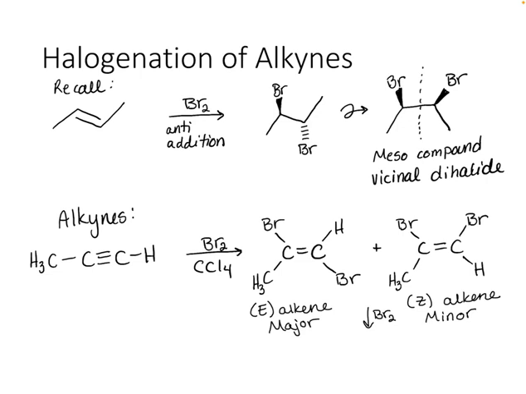Now, if we do that, we're just going to end up with the same product, no matter if it's the E alkene that we're adding to or the Z alkene, because we're going to add a bromine on the left-hand carbon and the right-hand carbon, and the double bond turns into a single bond. So we'll have 2 bromines on the left-hand carbon, and then we'll also have 2 bromines on the right-hand carbon, although my pen decided to draw them in bold for some reason.